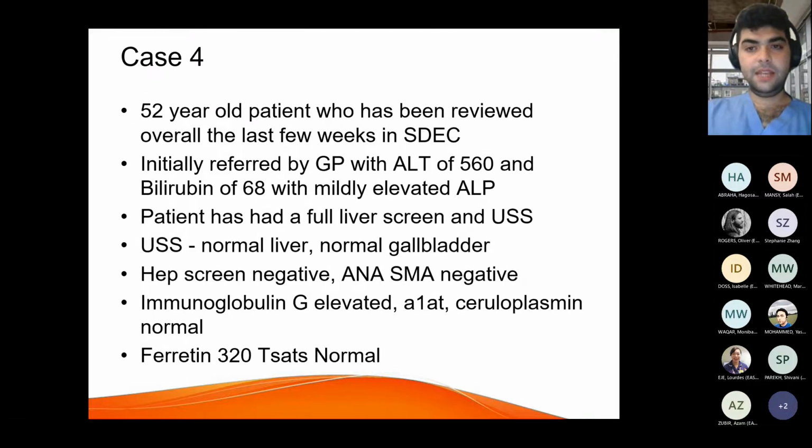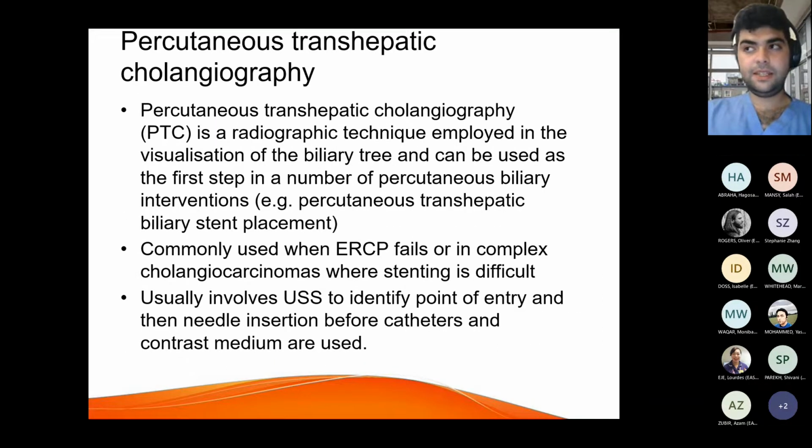One of the main caveats with PTC is that because they puncture the liver, in someone with cirrhosis they do have a higher risk of bleeding secondary to that. So even though PTC does sometimes seem like the less risky approach when compared to ERCP, it has its own risks, and it isn't without risk itself.